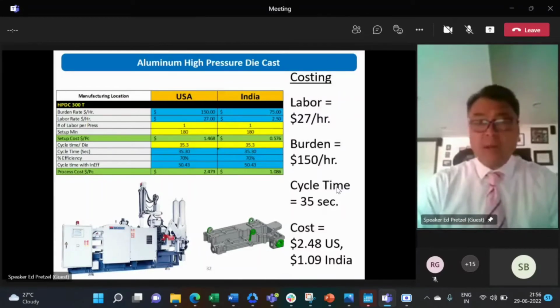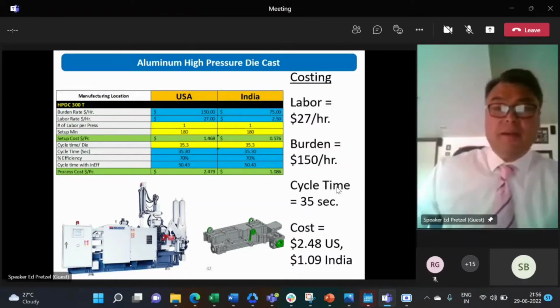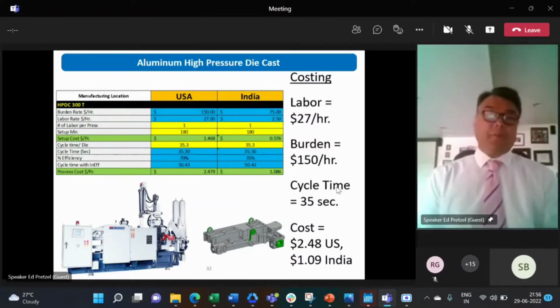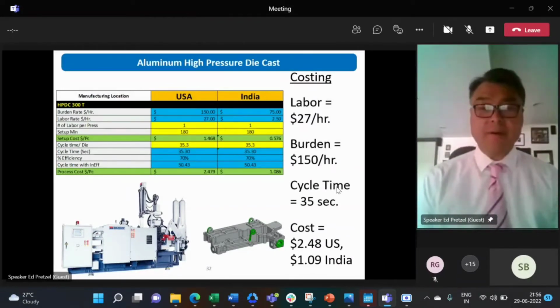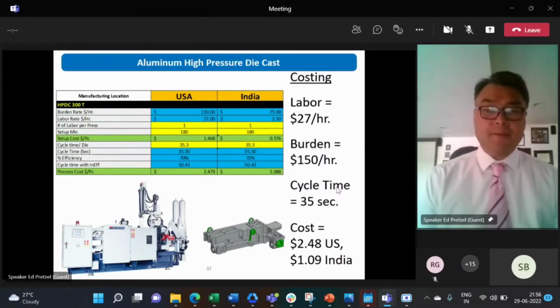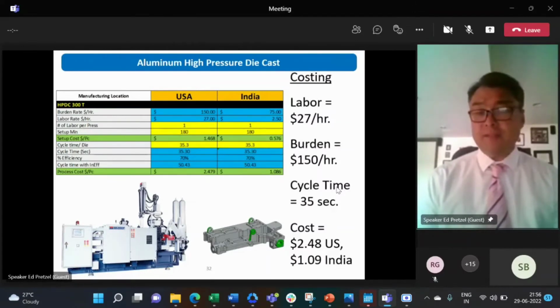Okay, and now we'll actually perform the costing. For this operation in the United States, we would assume a burden rate for this equipment at about $150 per hour. The labor rate is 27. You'll see one person running the machine. We do have a setup cost, and that is significant because our volumes are lower for this particular customer.